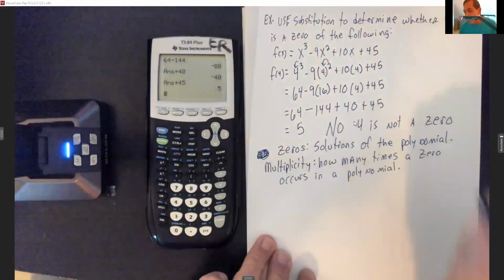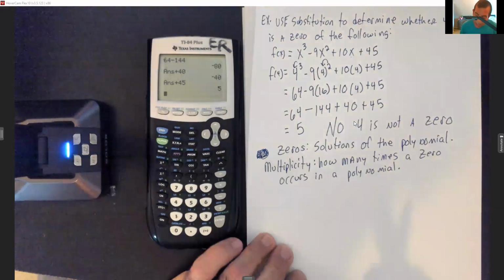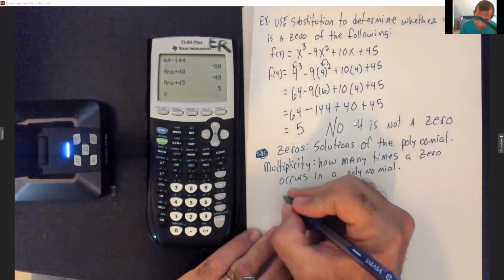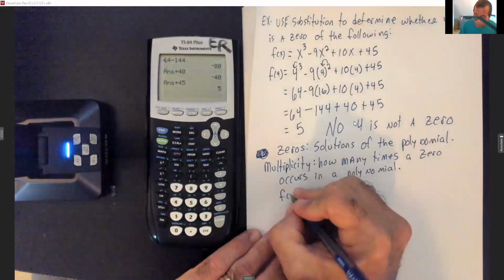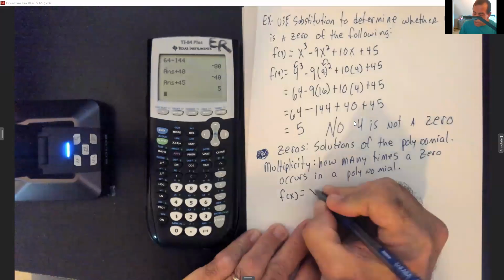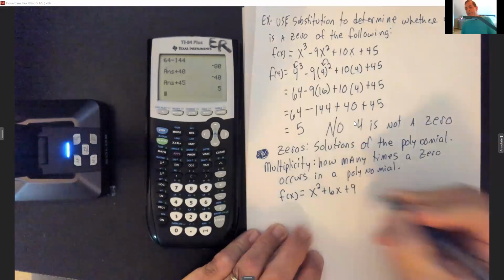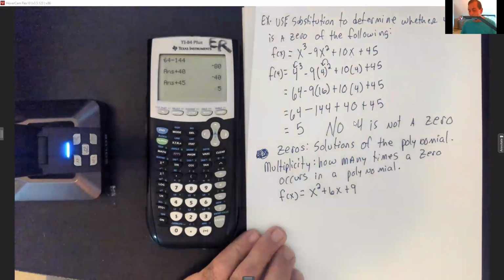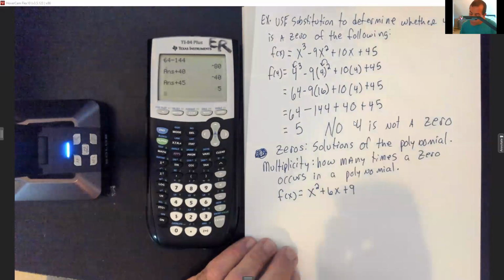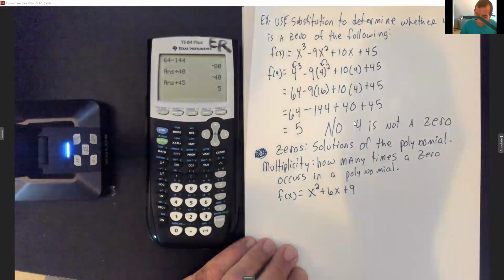So I'm going to sort of give you an example of what we mean by multiplicity, okay? So say I had something like f of x equals x squared plus 6x plus 9. Now, I'm going to solve this by finding the zeros. So to find my zeros, I would set it equal to 0.